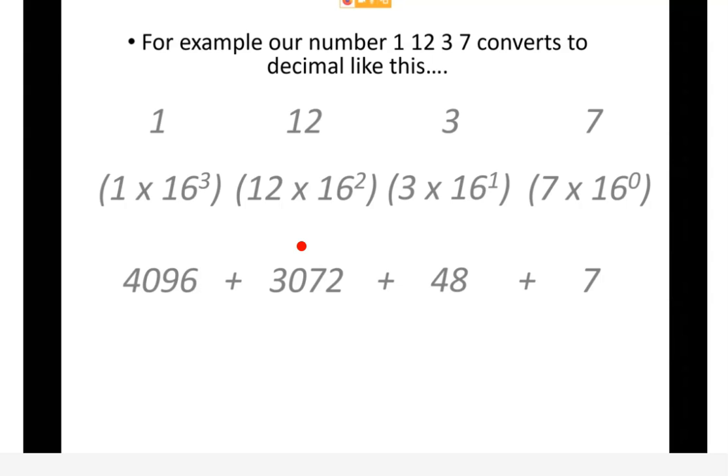So you have to go on your calculator 1 times 16, then put your y to the x and a 3, and then plus 12 times 16 y to the x 2, and so on. And then your calculator will do it that way as well. So there's a couple ways of getting there. It's just best to use the simple method and just use the conversion keys.